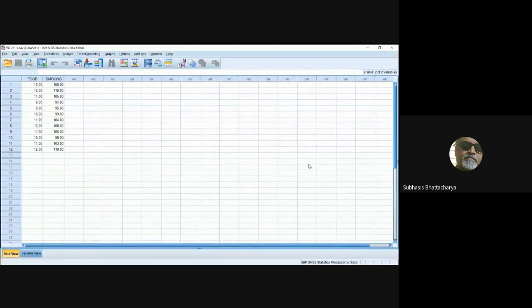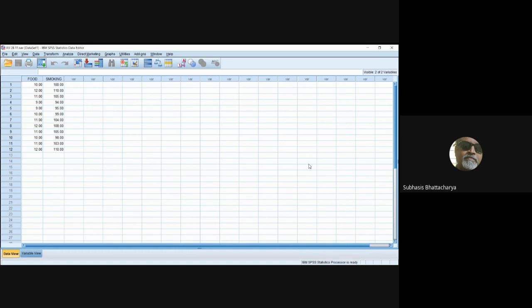Yeah, my screen is visible. I have to show two examples. The first one is very simple for your understanding, and then one is a more complicated data set with a larger number of variables. There are two variables, suppose any kind of information.